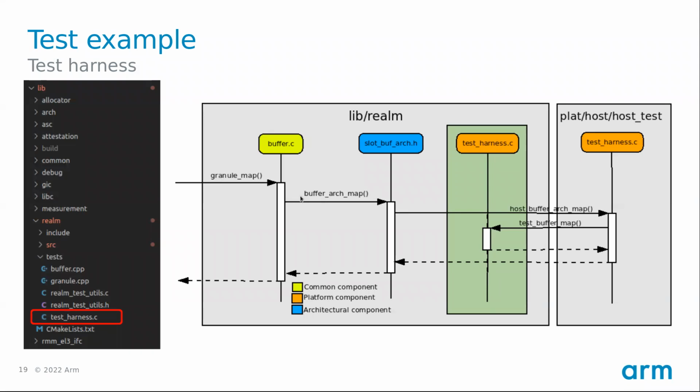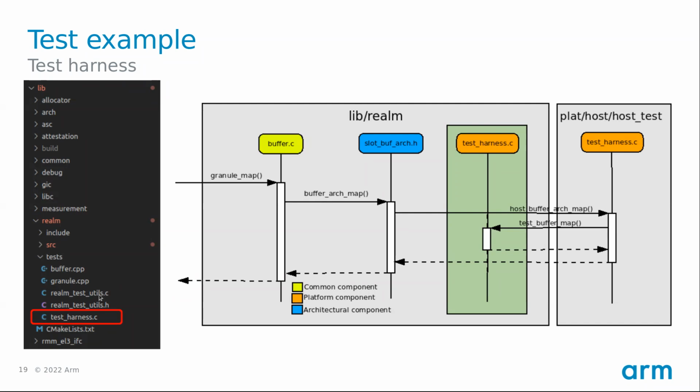So we call granule map. This calls buffer arc map, which is part of the architectural component. Then this calls the harness, but in this case, host test. The host test harness will call the test harness, which is part of the realm test library.